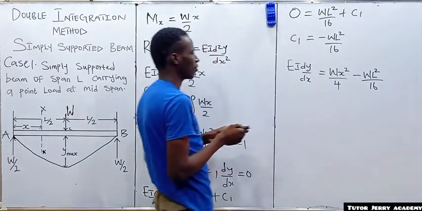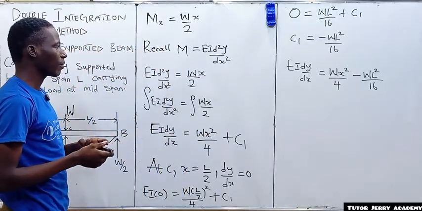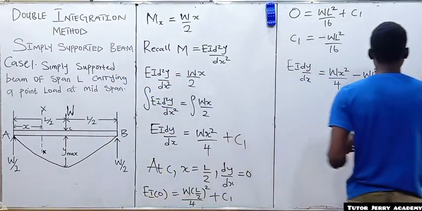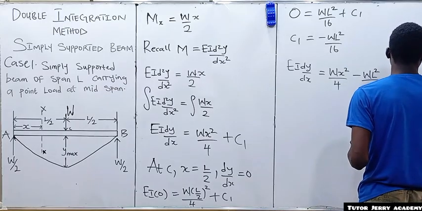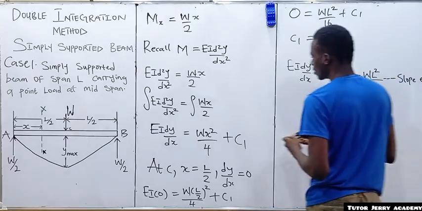So this is what we have. Now we are going to be applying boundary conditions, but take note that this is our slope equation.